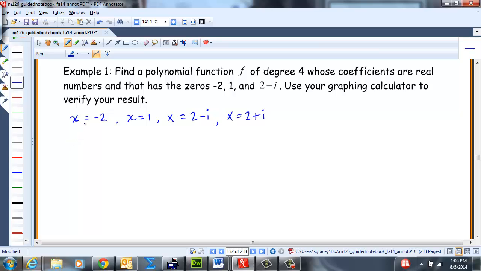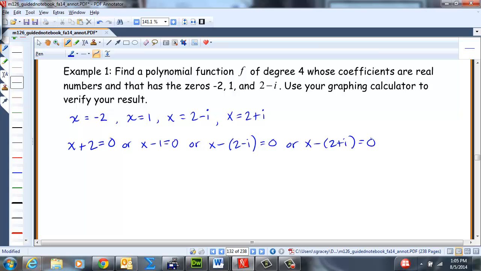So adding 2 to both sides, we'll get x plus 2 is 0, or x minus 1 is 0, or x minus 2 minus i is 0, or x minus quantity 2 plus i is 0.